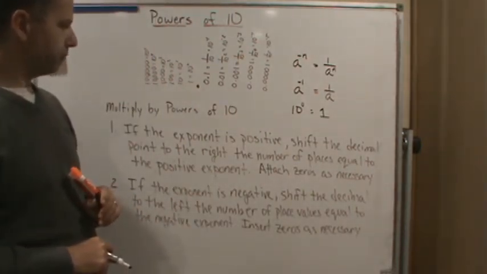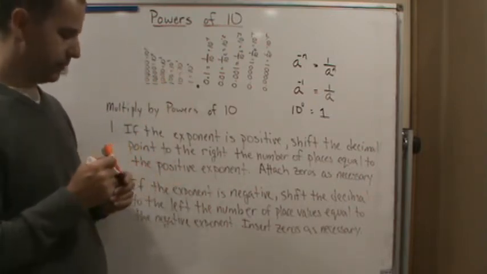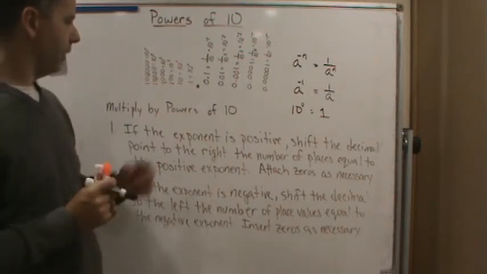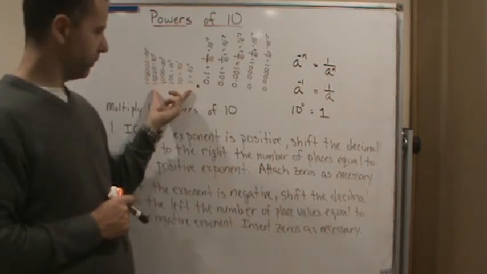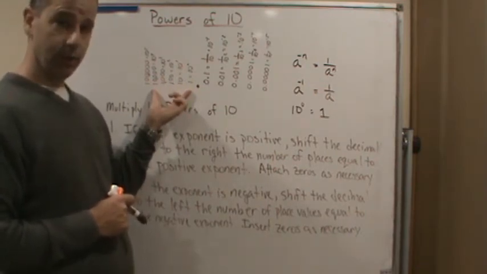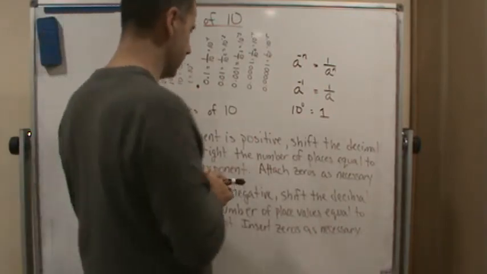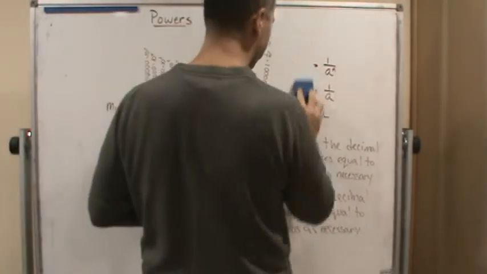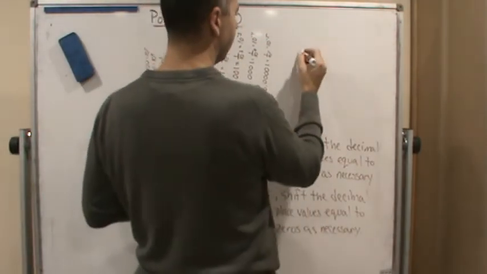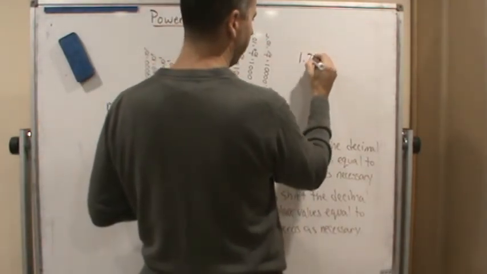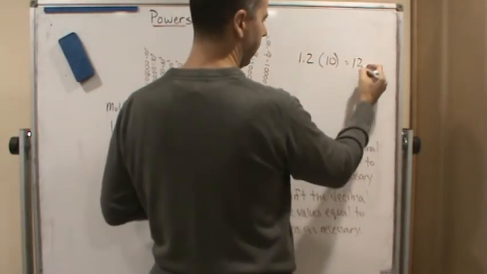Now, that also brings us to multiplying by powers of 10. If the 10 has a positive exponent, that's going to tell us to move the decimal point to the right. Let's use an example. If we take 1.2 and multiply by 10, that equals 12.